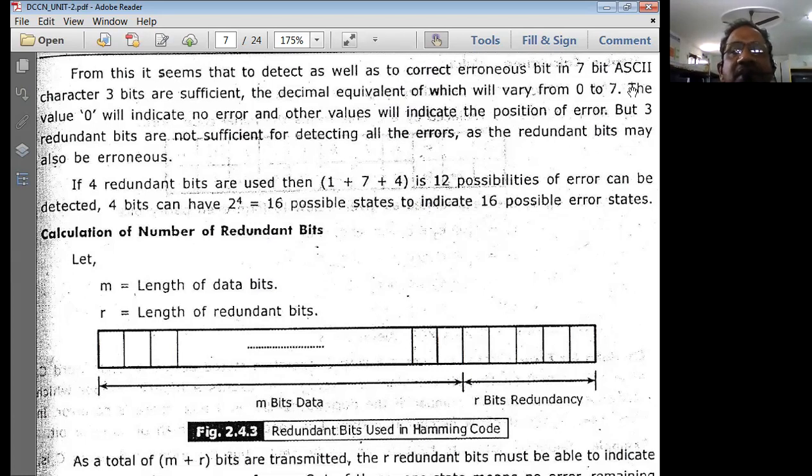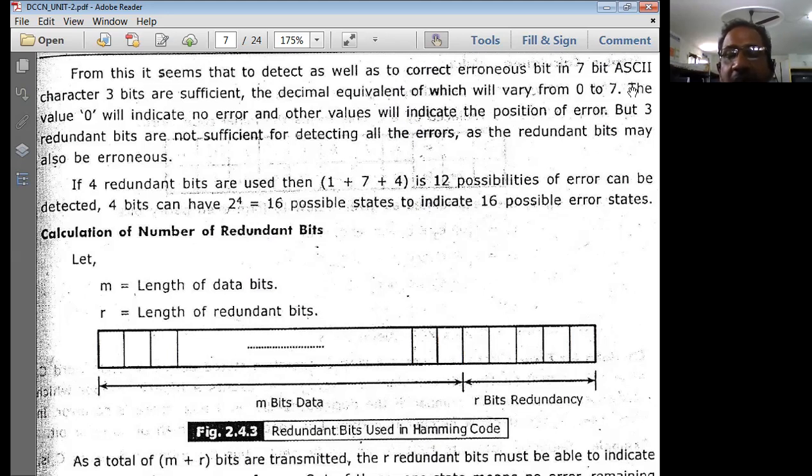But usually the error may also be in the redundant bits that we transmit. In that case also, we should be in a position to detect the error. So we come up with a solution such that the redundant bits are chosen so that they can find errors anywhere in the entire data frame that we transmit, including the extra redundant bits.